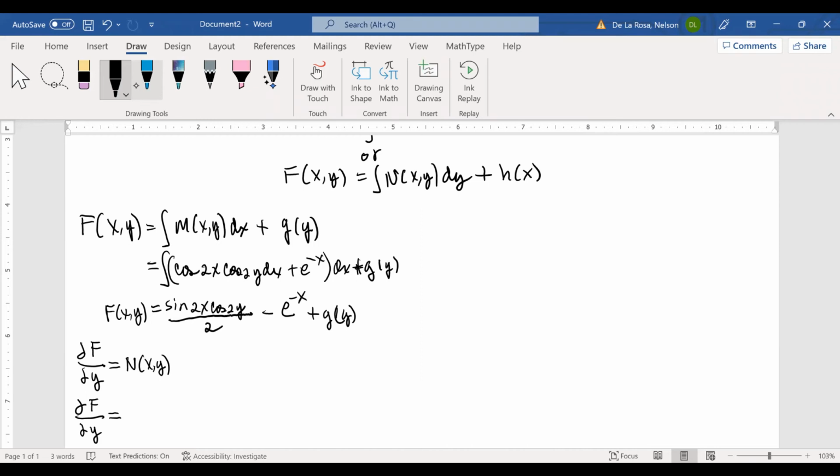So we have negative 2 sine of 2x sine of 2y.